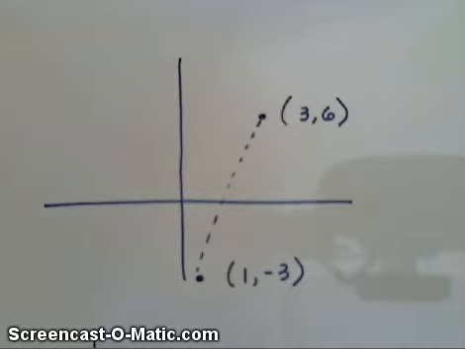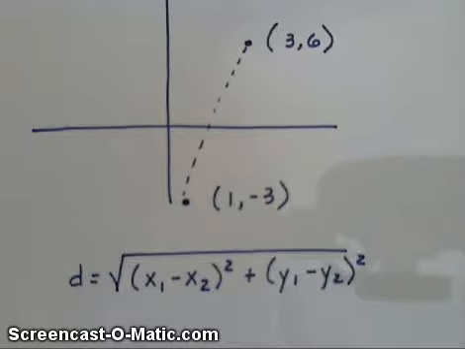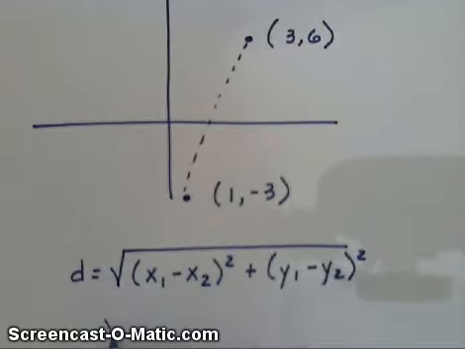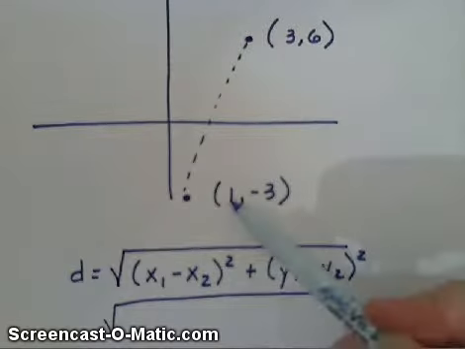The distance is equal to the square root of x1 minus x2 squared plus y1 minus y2 squared. Now, in this particular example, we would say the square root of, and it doesn't matter which point is x1 and x2, so let's just take 3 and 1.